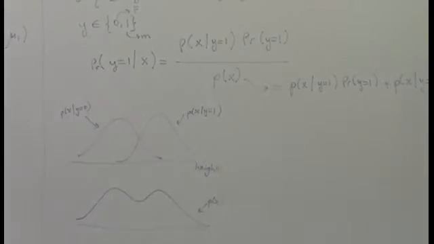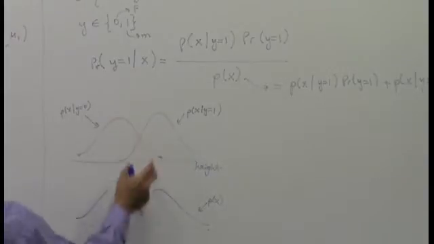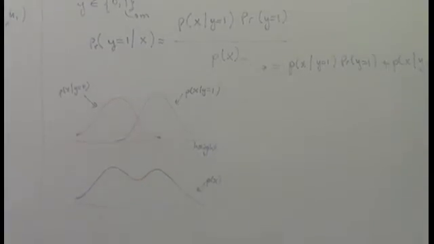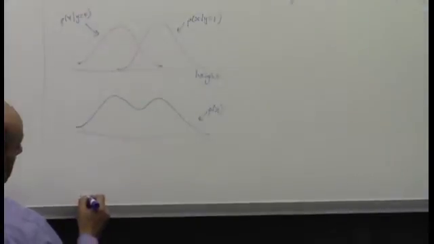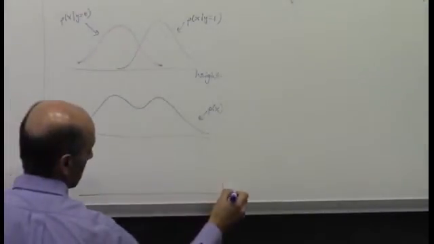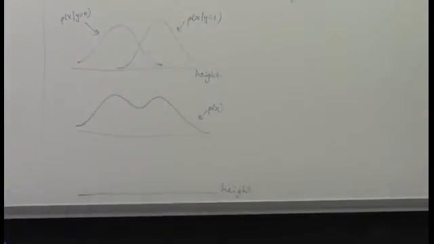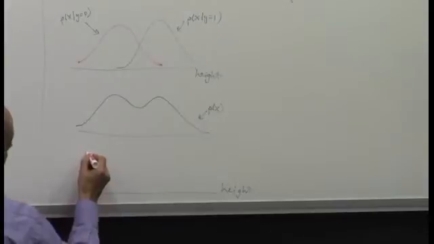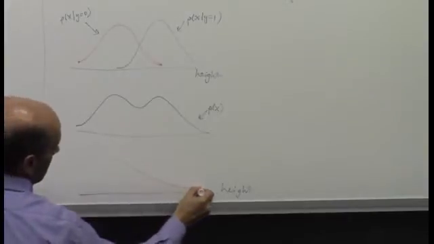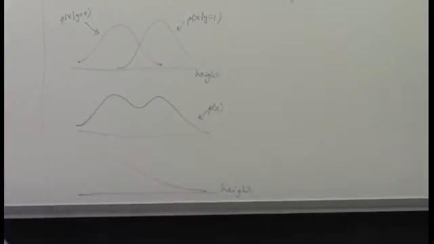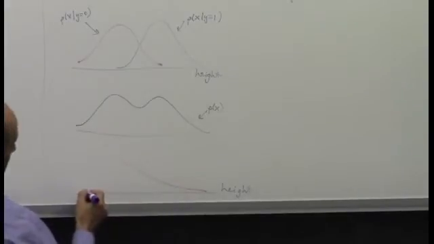Now if I take this red one and divide it by this blue one down here, I'm going to get a function that looks like this. If I take the blue and divide it by this, I'm going to get a function that looks like this.